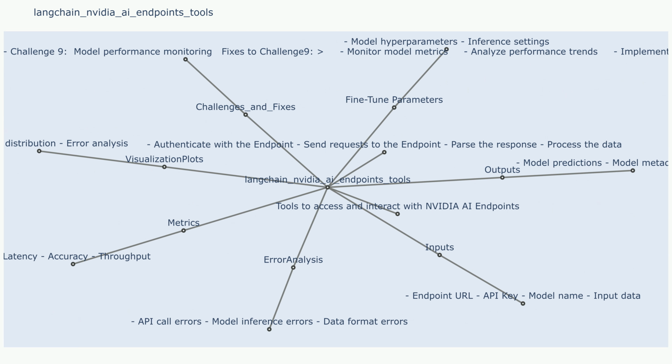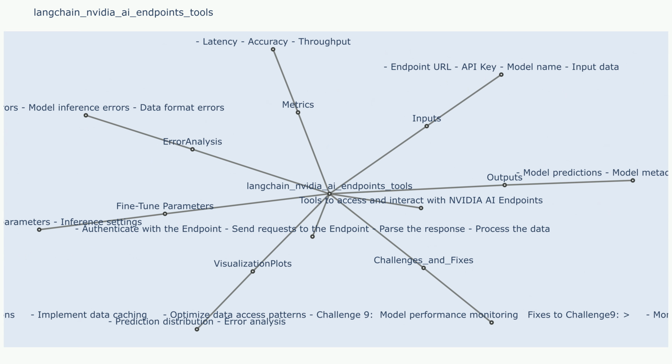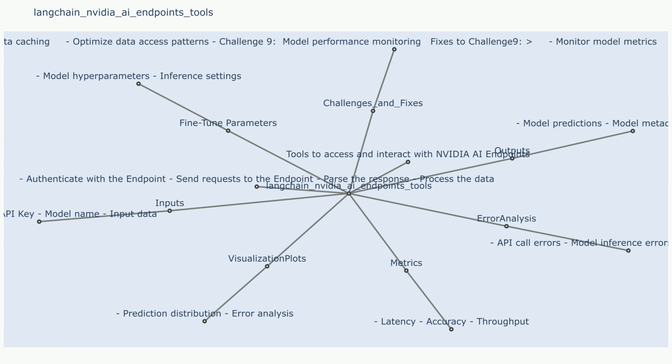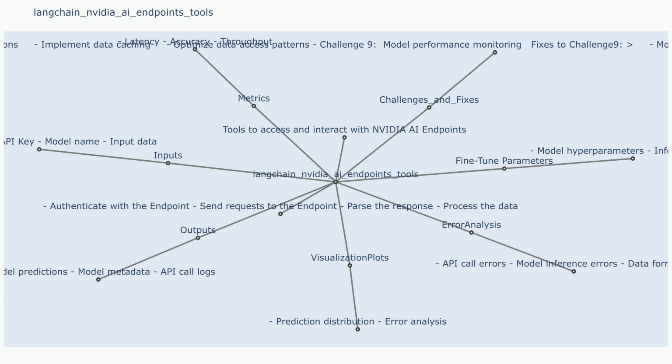Fine-tune parameters. Temperature controls the randomness of the model's output. Higher values lead to more diverse and creative responses. Top K limits the number of potential next tokens considered by the model, influencing the generated text's coherence and diversity. Top P is similar to Top K, but instead of a fixed number of tokens, it considers a probability threshold, allowing more diverse options.